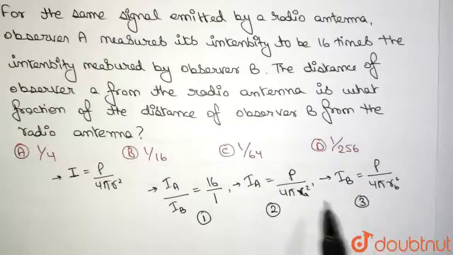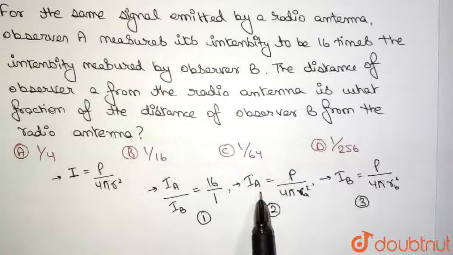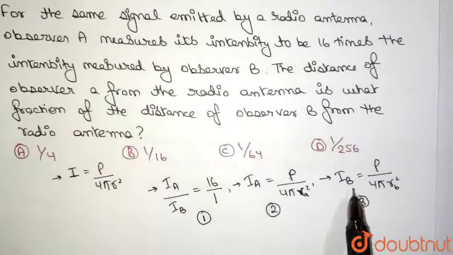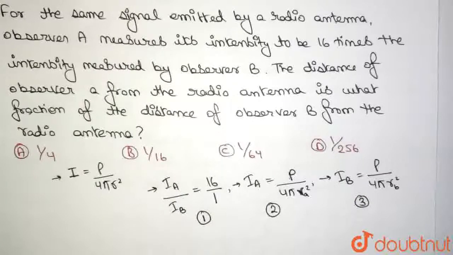So let us combine these three now. The first one was the ratio which was given in the question, IA upon IB is equal to 16 upon 1, and then we found the value of IA, and then we found the value of IB. So we had three equations. So let us substitute the value of 2 and 3 in 1. Okay, so we are substituting 2 and 3 in 1.